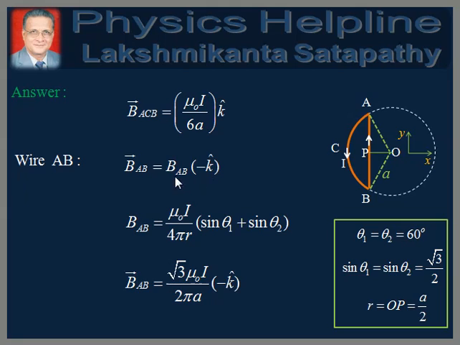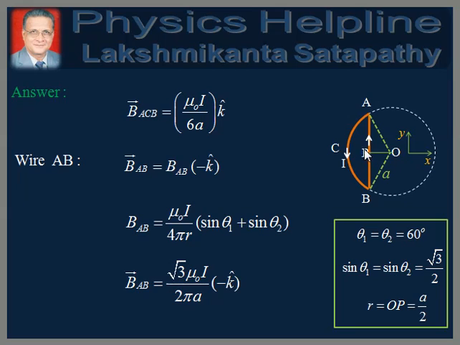For the magnitude of the magnetic field produced by the straight conductor AB, we will be using the equation B is equal to mu 0 I by 4 pi r into sin theta 1 plus sin theta 2. What is this theta 1 and theta 2? Now you see POB is our theta 1 and POA is our theta 2. So we observe that angle AOB is equal to 120 degrees, and OP is the bisector of the angle.